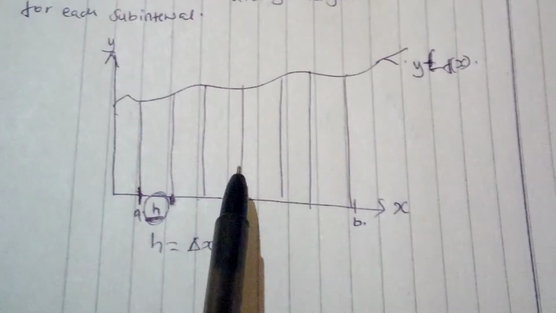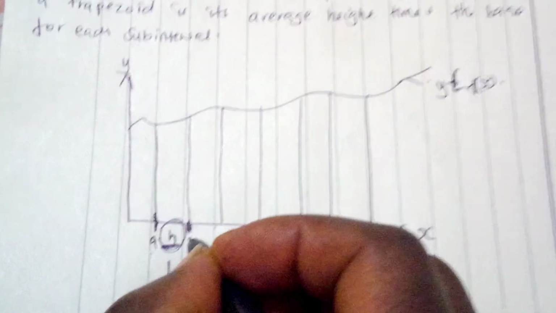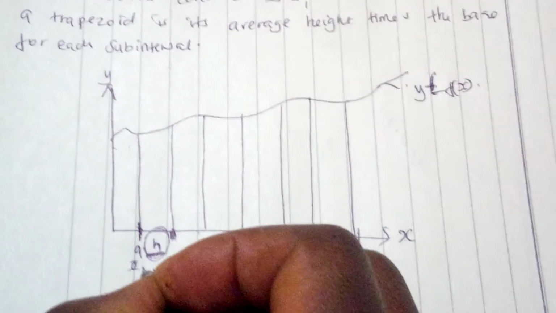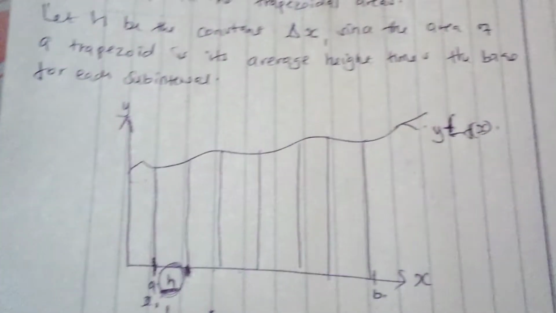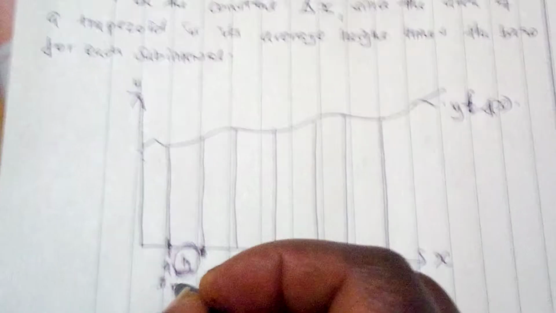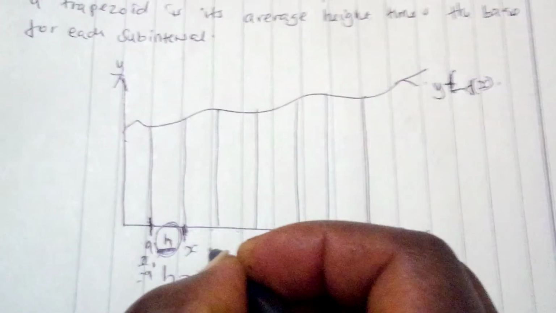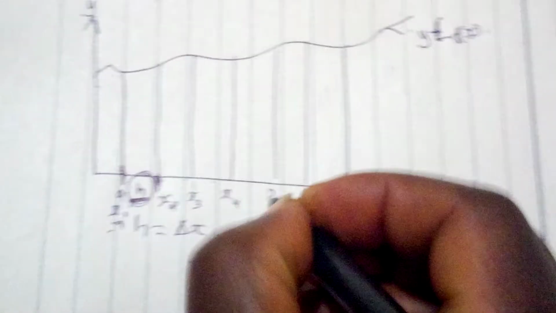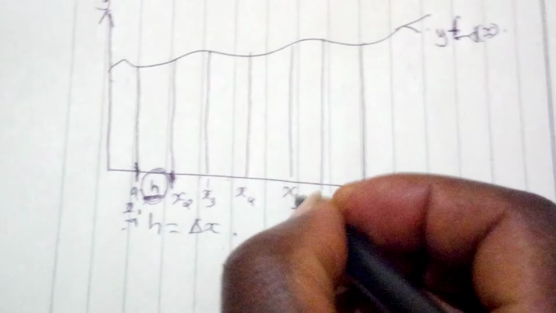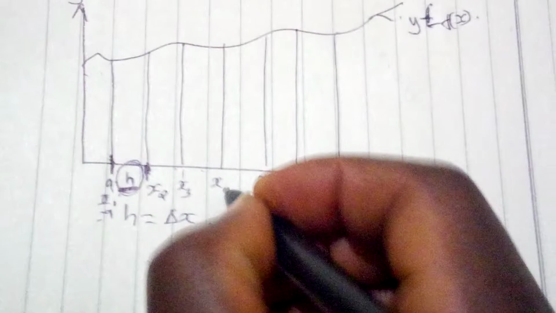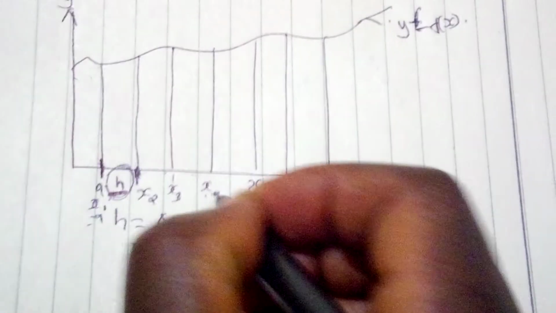For example, if this is A, then let's label this as x_1, which equals A. Then we have this one, which is our x_2, this is x_3, between x_3 and x_n.